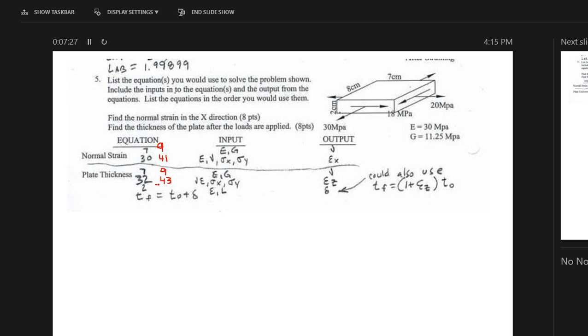Okay. So it should be 9 and 41 for the top one, then 9, 43, and 3 for the bottom one. So I've asked questions like that in the past just because it takes so dang much time to run through this stuff. So rather than have you actually calculate things, I just had people fill in the formula, tell me what they would put into the formula and what they would get out. Okay.